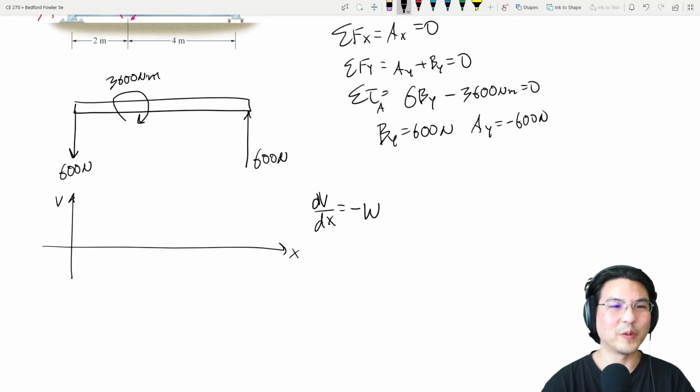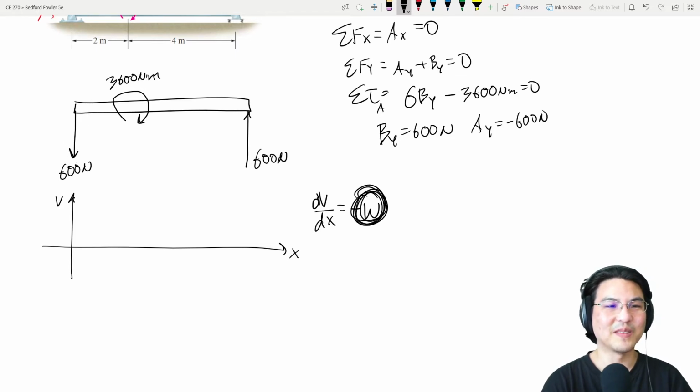What is the loading curve from here to here? There is none. This is 0, right? Which means it's constant. So when we're on this side of the beam, there's definitely nothing happening. There's no shear. But then suddenly we encounter this 600 Newton reaction going down.